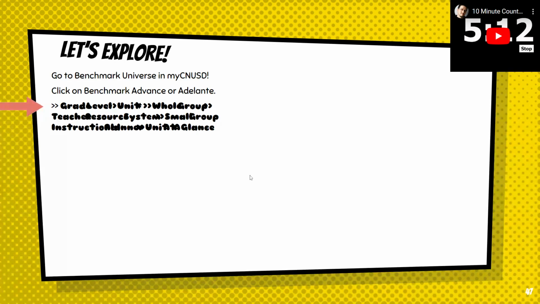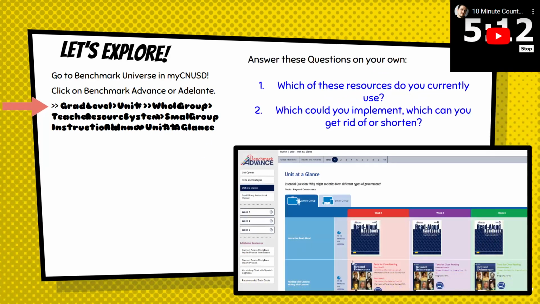Look at the small group instruction and units at a glance. If you take a look at this image here, it shows us exactly what you might come across. You might see there's the essential question, but then it shows the interactive read aloud, our text for close reading, and then it also shares what you would be looking at as far as small groups go.